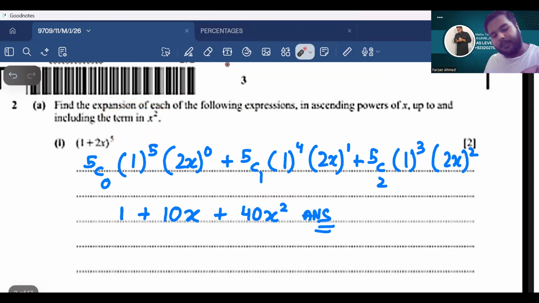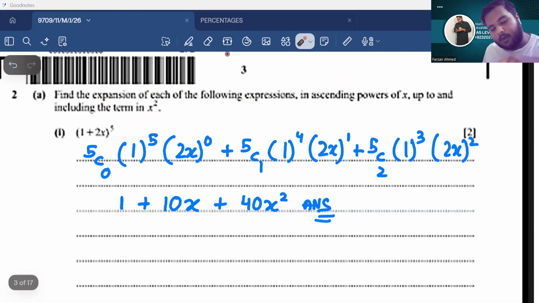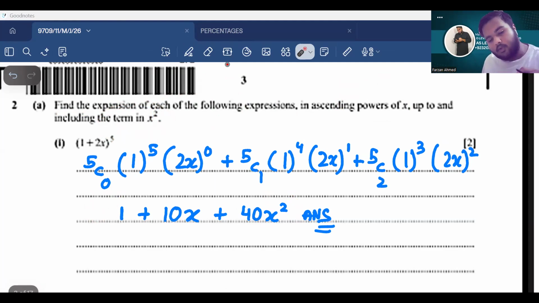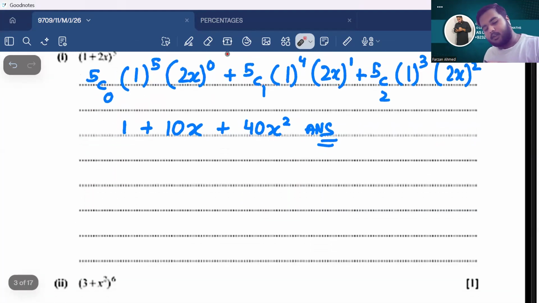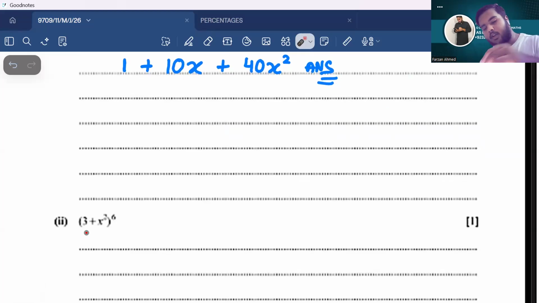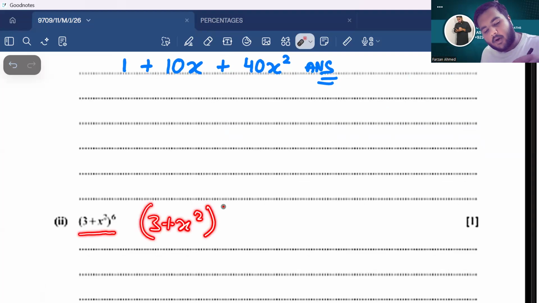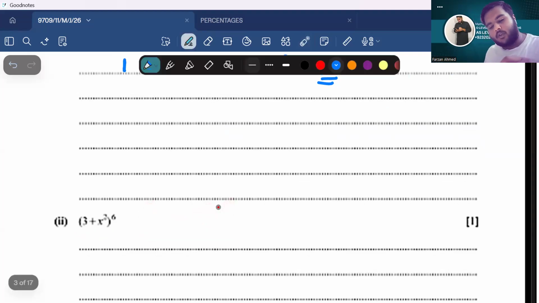Now, for part 2, we will use the same formula. In part 2, it is (3 plus x square) raised to power 6. We use the same formula.